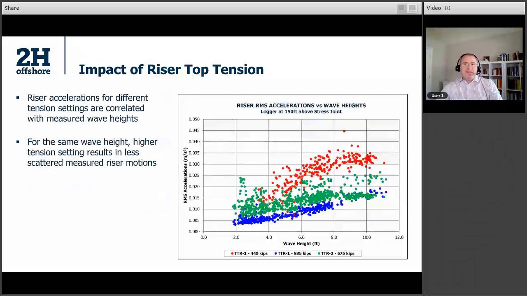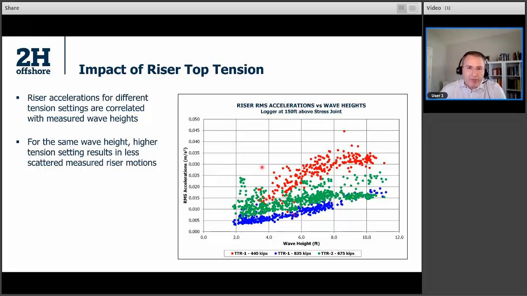So in order to assess the effect of top tension on the riser response, we look at the same data but in a different way. In this case, we are correlating the RMS accelerations with measured wave height. The horizontal axis here shows measured wave height during the monitoring campaign, and the vertical axis shows the RMS accelerations for the riser, again for the sensor at 150 feet above the stress joint.